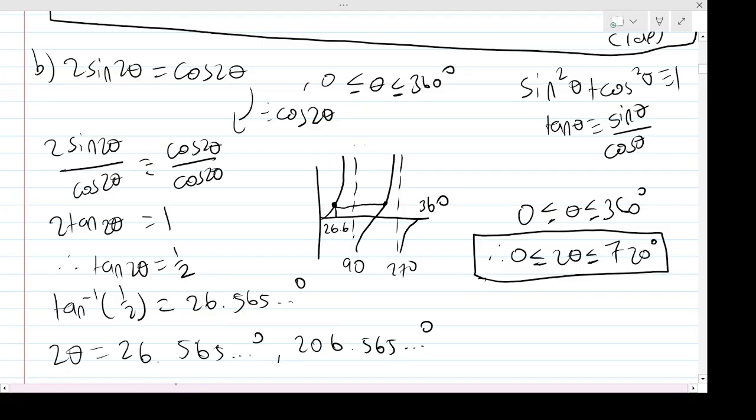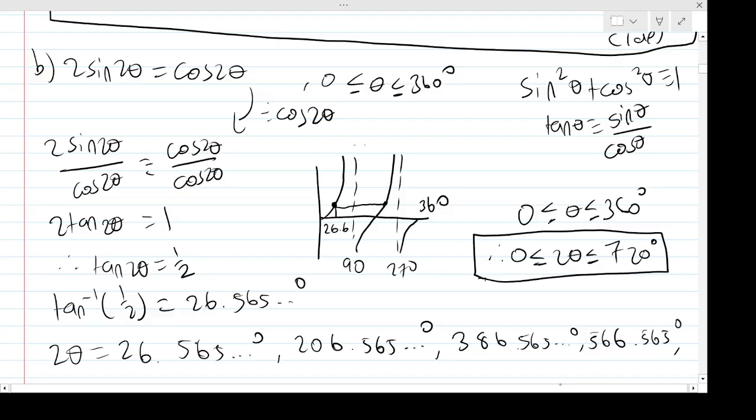Okay. Well, if we continue this on then, remember the tan graph repeats every 180. The next solution would be 180 along after. So if we add 180 onto this other value, 206, I then get 386.565. And then if we keep adding 180, I then get 566.565 degrees.